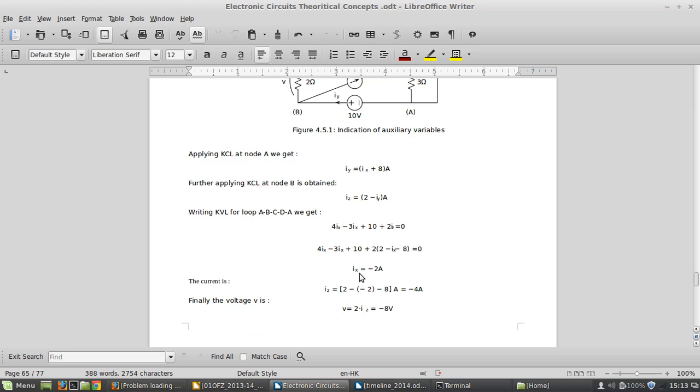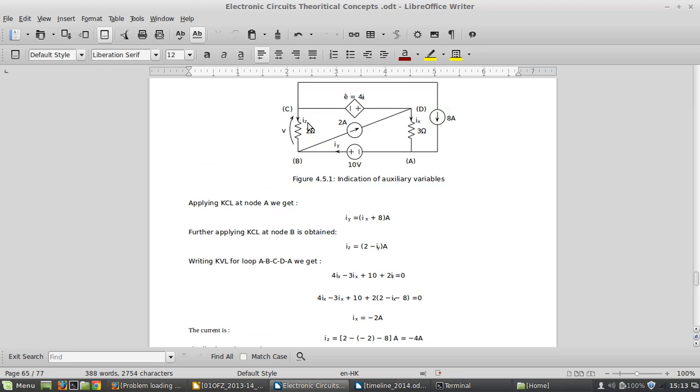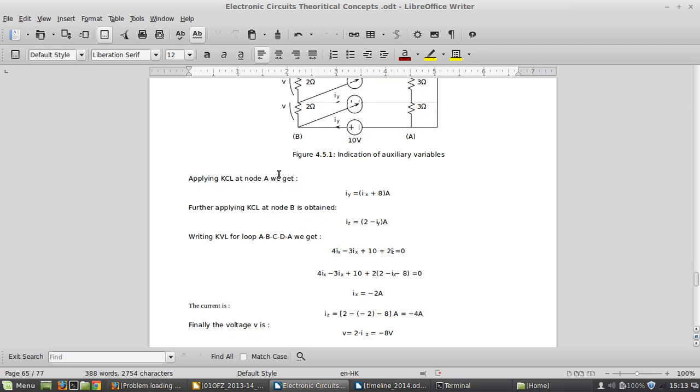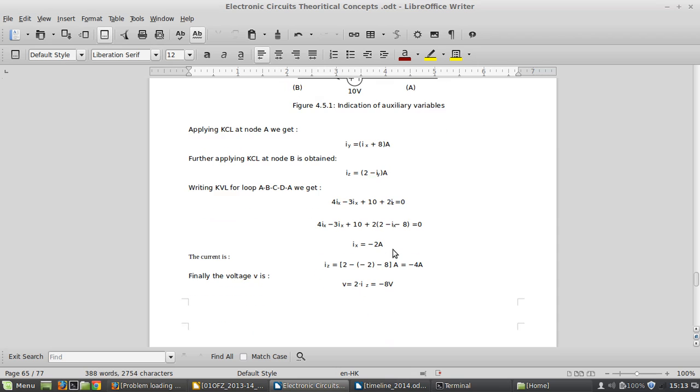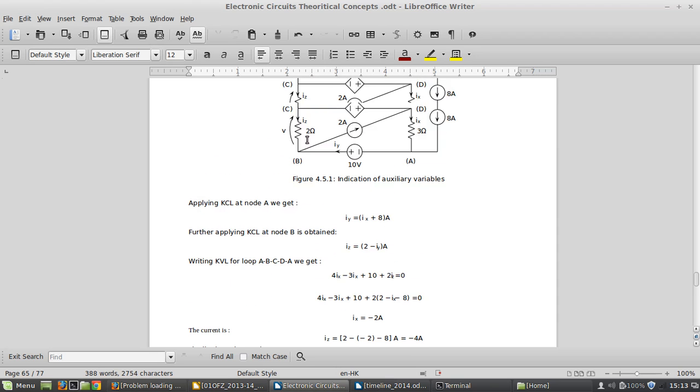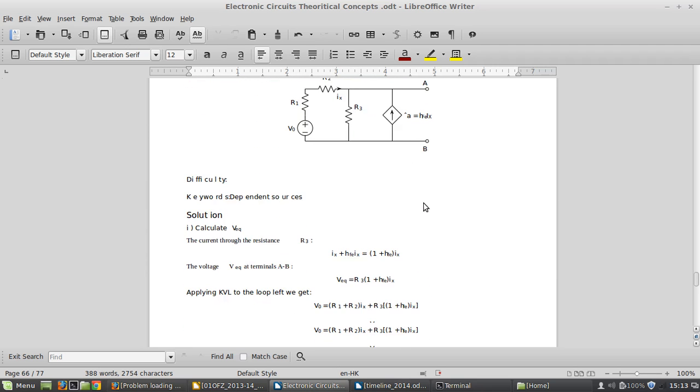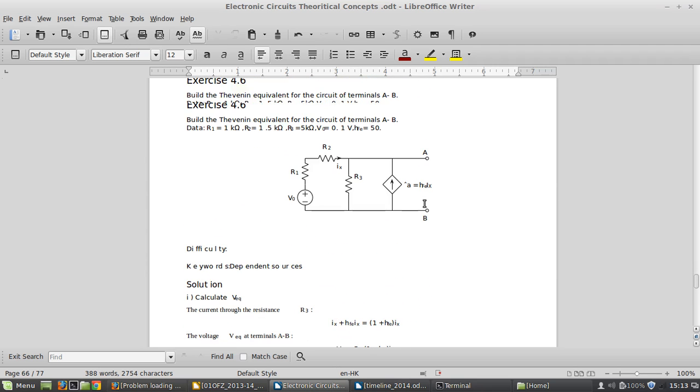First Ix, then Iy, Iz: Iy equals Ix plus 8 A, and Iz becomes 2 minus Iy. And similarly I use KVL in this loop, A, B, C, D, A, and I get a similar situation here.